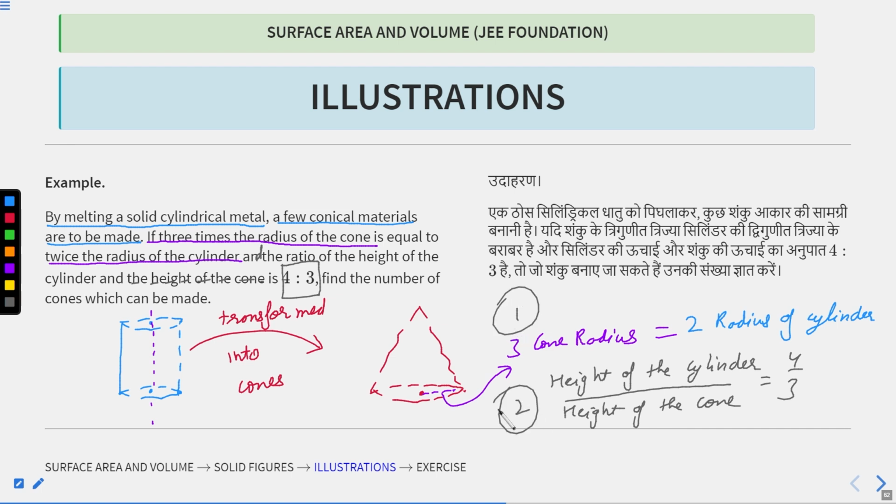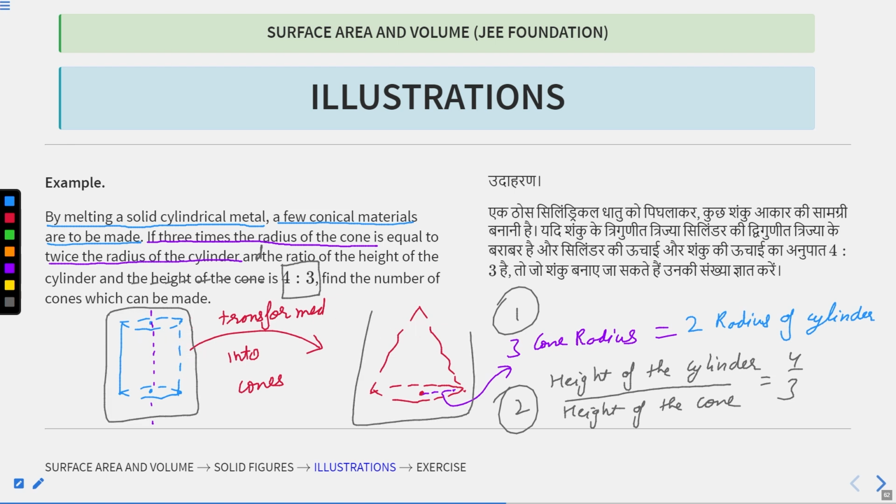We have to find the number of cones. The task is to find the number of cones that can be made if we transform this cylinder into cones.